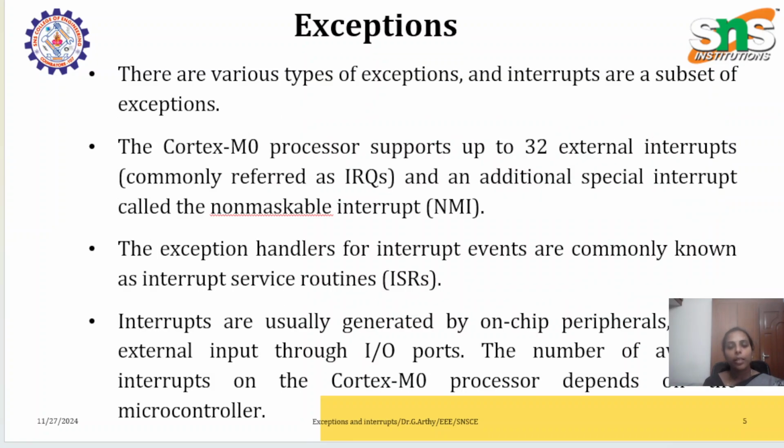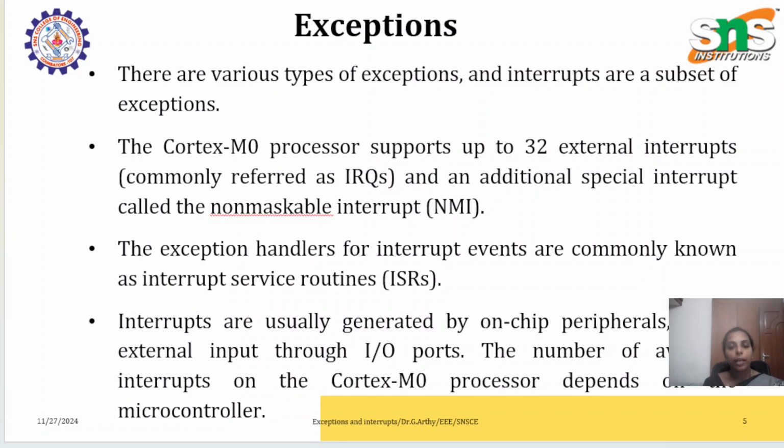There are various types of exceptions and interrupts. Interrupts are subsets of exceptions. The Cortex-M0 processor supports up to 32 external interrupts, mentioned as IRQ, interrupt request, and an additional special interrupt called the non-maskable interrupt, mentioned as NMI.